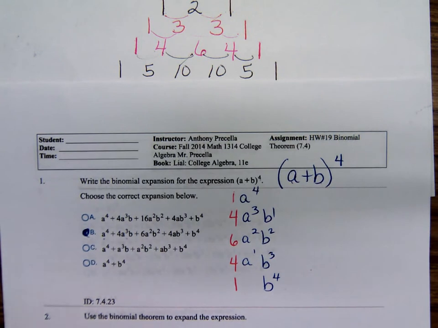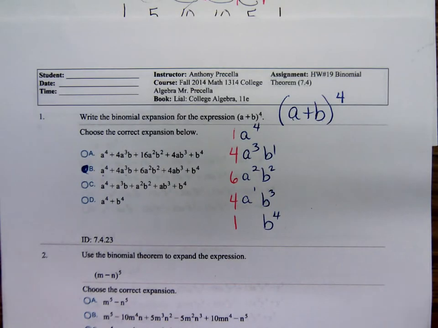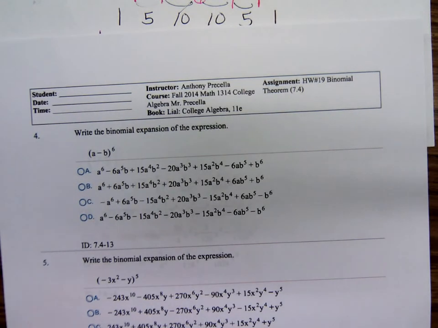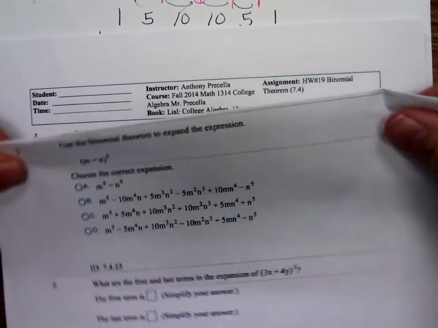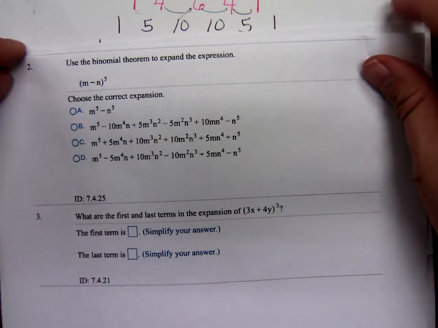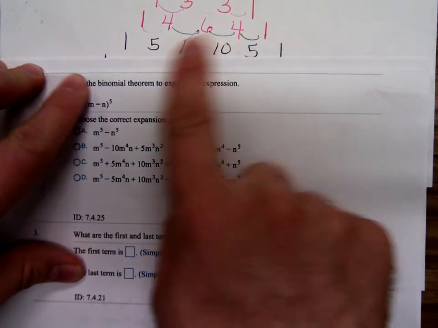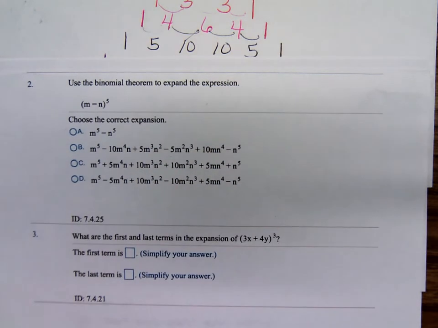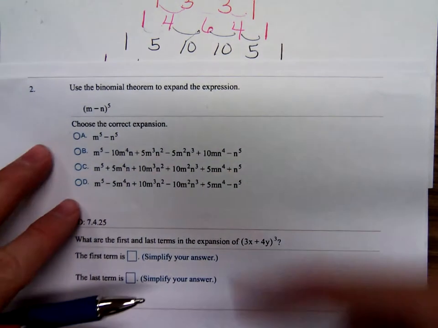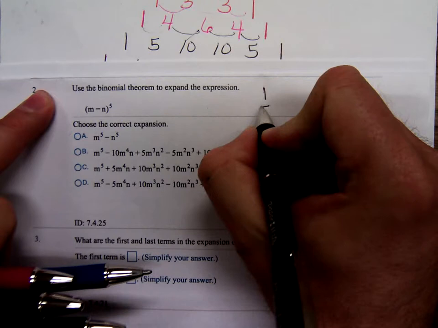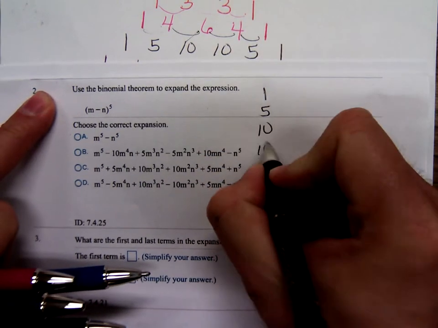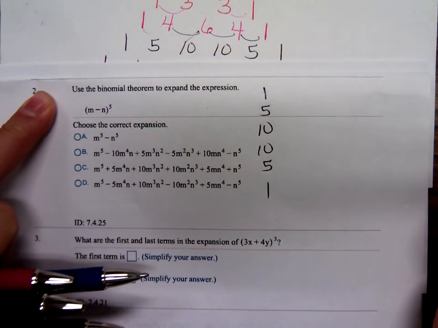For m minus n to the 5th, this next one. To expand m minus n to the 5th, we're going to use this row, the one that has 5 as the second number. So 1, 5, 10, 10, 5, 1. Let me write that. 1, 5, 10, 10, 5, 1.